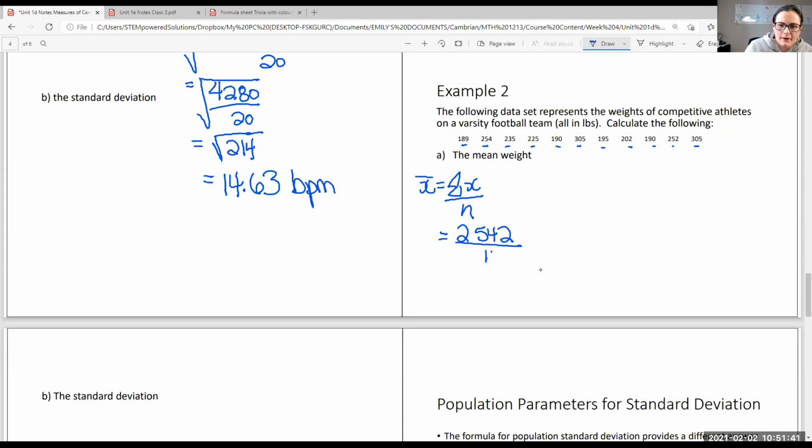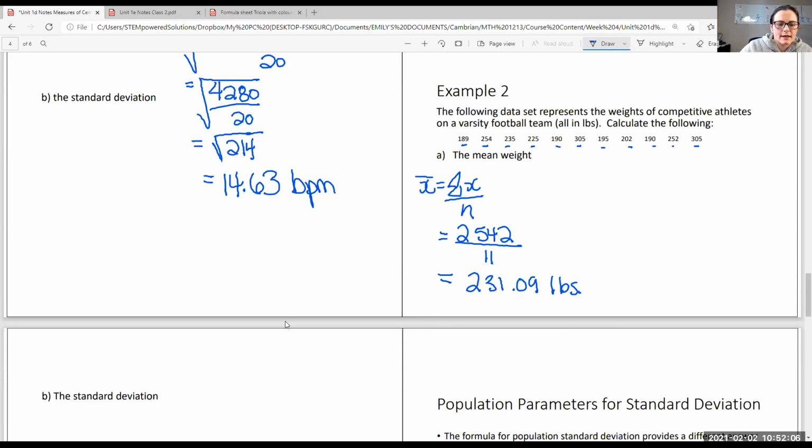Then we divide by the number of values, 11. So 2,542 divided by 11 equals 231.09 lbs. That's the average weight of the football players in this list of weights.